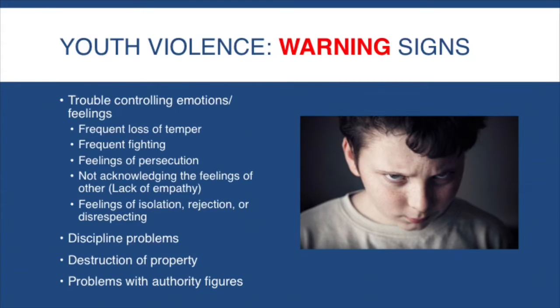They may have discipline issues, destroy property, have problems with authority figures. Remember that not all adolescents exhibit the same signs or share the same risk factors that could lead to violence.